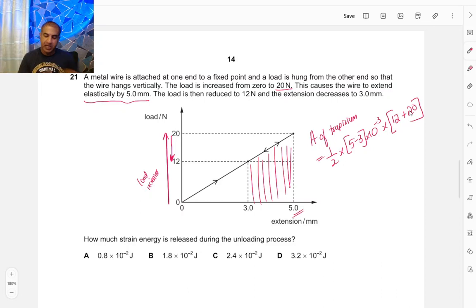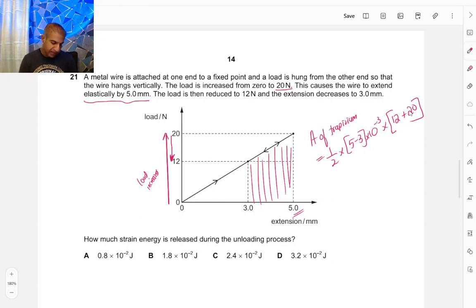Okay, I think I've hit saturation. 1 divided by 2 multiplied by, that is 0.5 multiplied by brackets 5 minus 3, bracket close, into 10 raised to power minus 3.